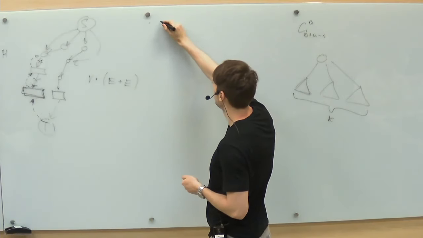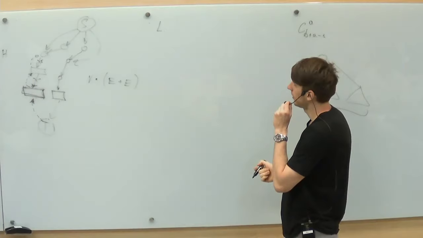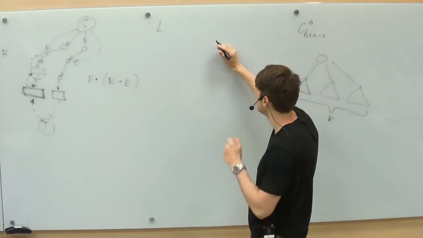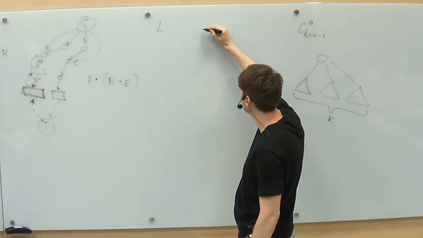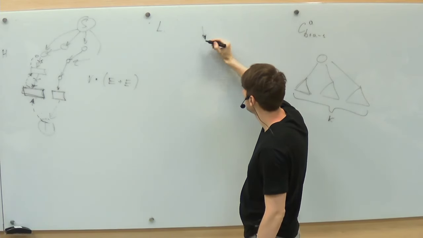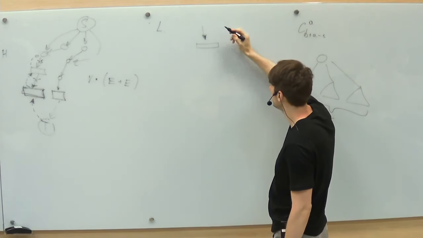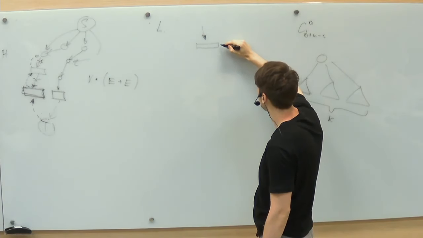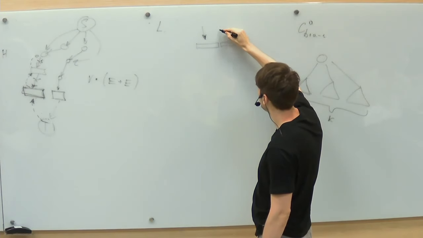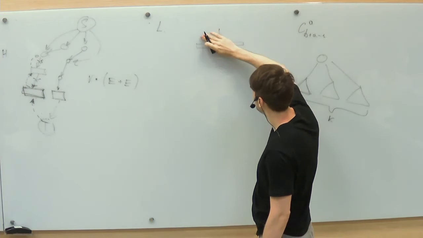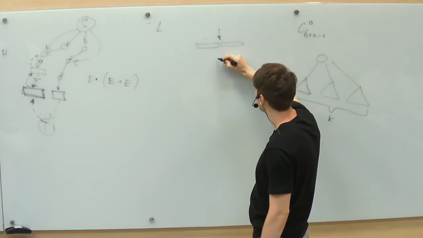Okay, problem L. I can talk a little bit about this problem. So here you had queries like put some block of items somewhere, and you can also put it in between.